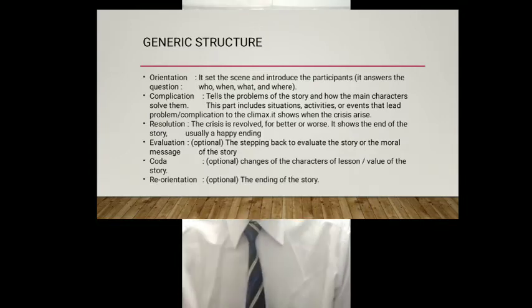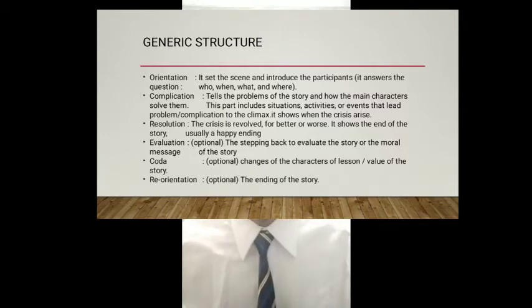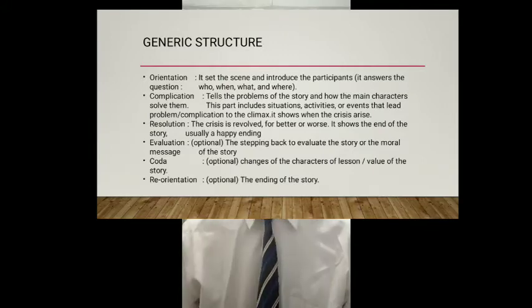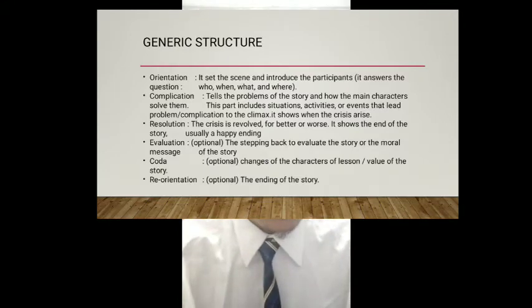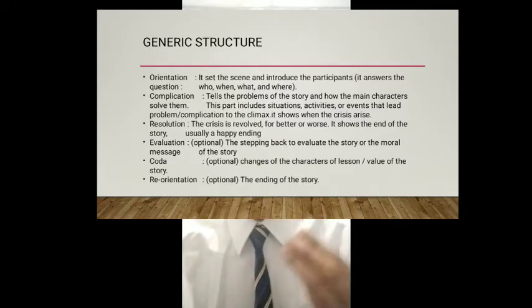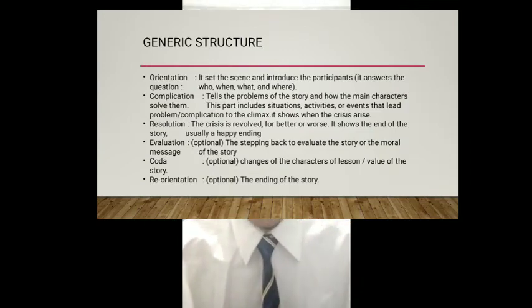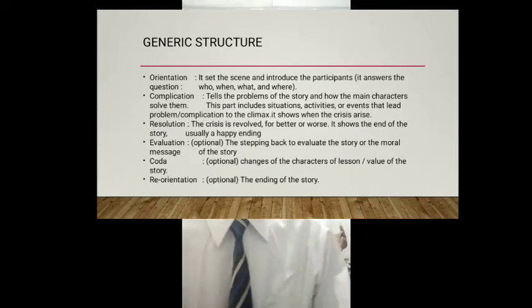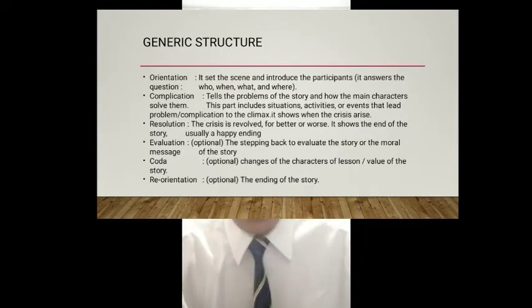Jadi dalam komplikasi itu menceritakan bagaimana masalah dalam cerita tersebut dan bagaimana pemeran utama ataupun tokoh utama dalam cerita tersebut memecahkan masalahnya, seperti itu. Ya, itu bisa termasuk dalam situasi ataupun dalam sebuah aktivitas dan beberapa kegiatan yang dinaunginya lah, seperti itu.